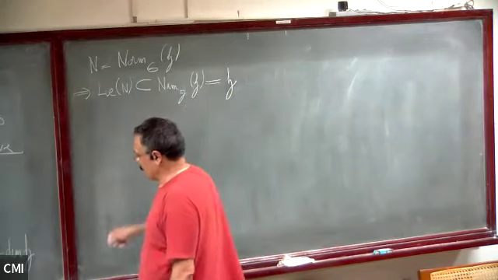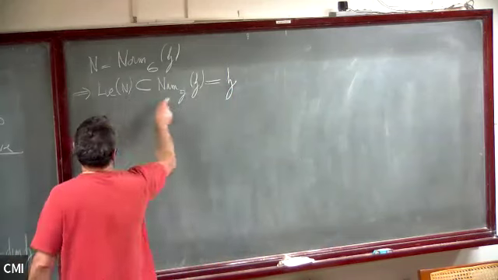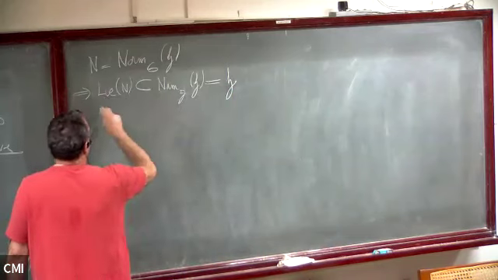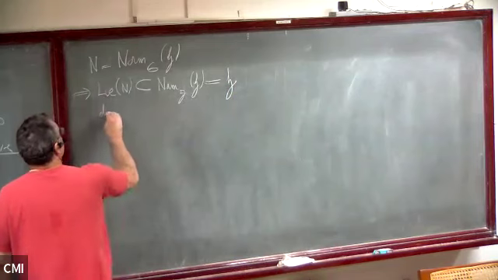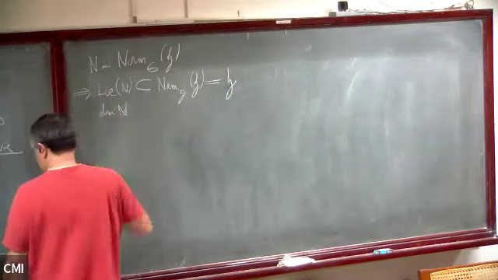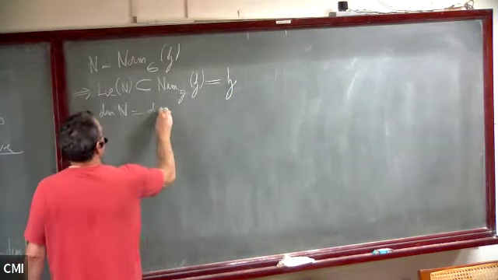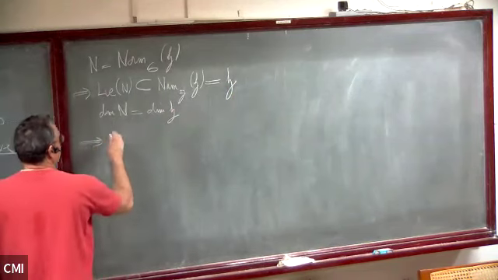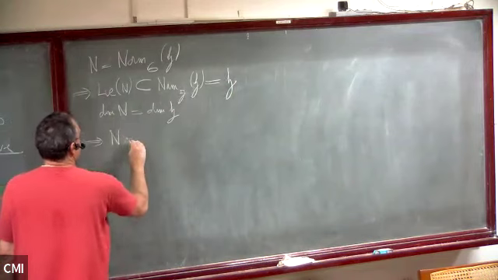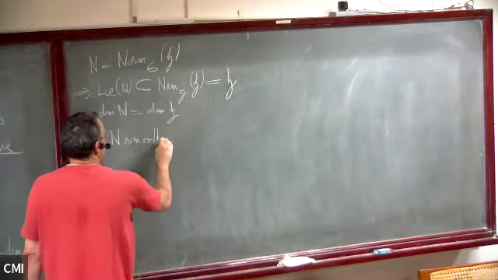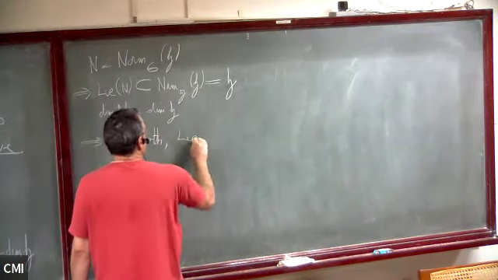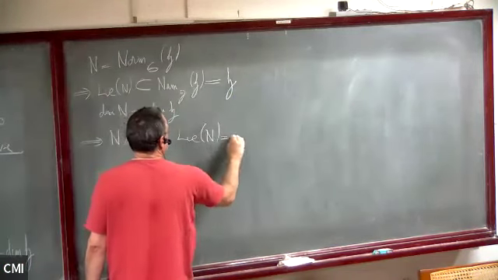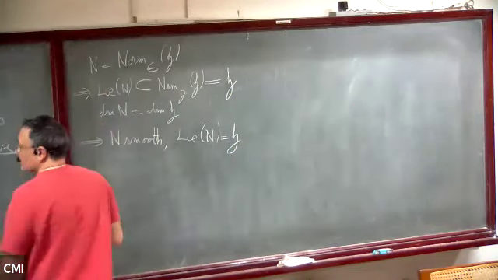So we have this, and the dimension of N is the dimension of H, and so this implies that N is smooth, and the Lie algebra is h.